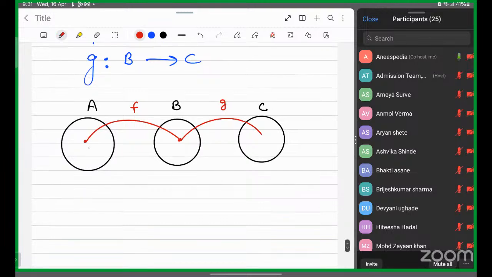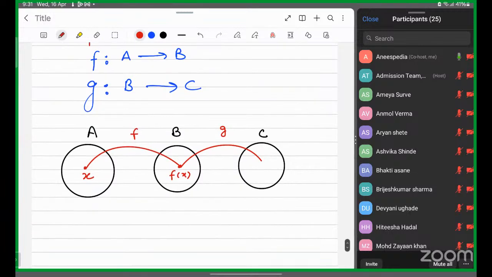If I take an element x from set A and input it into function f, I will get some output which will be f of x. Now the elements of set B are input for g, which means f of x will behave as an input for g, and in C we will have g with input f of x.